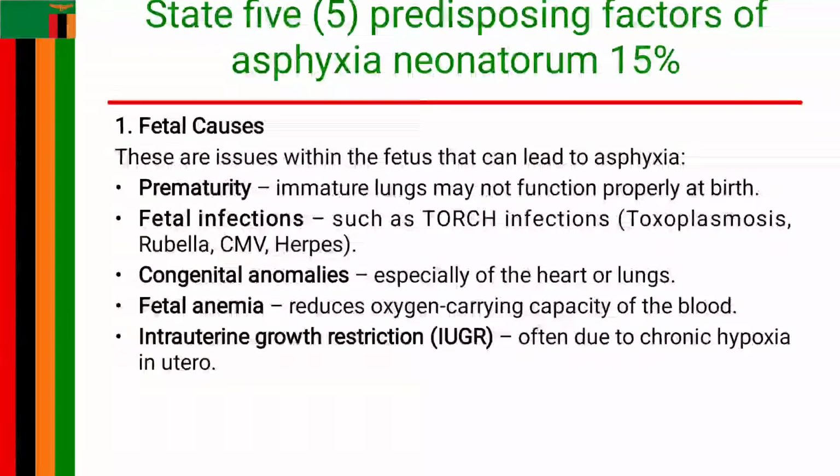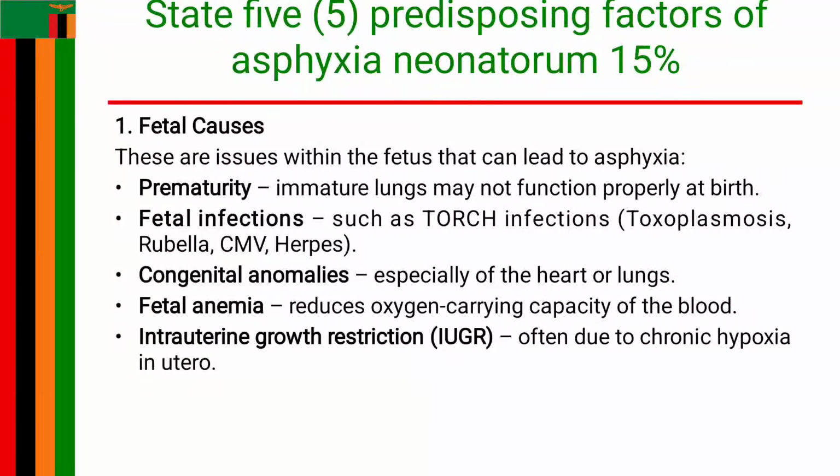The question says state 5 predisposing factors of asphyxia neonatal. So the way this question is, you can pick any 5, but you state them, meaning that you put a reason there. You don't just list them, but you add a reason at the end.